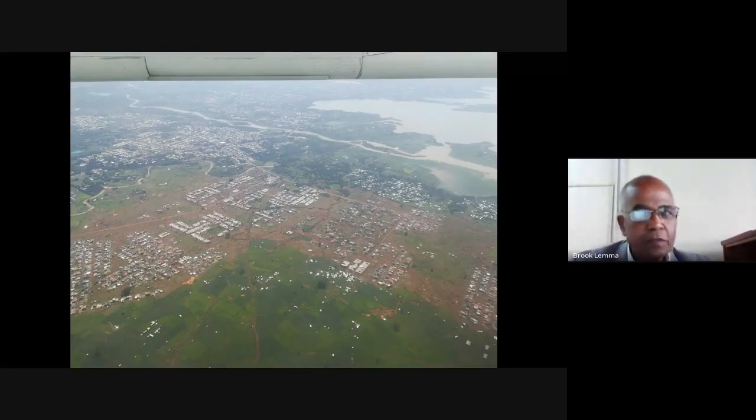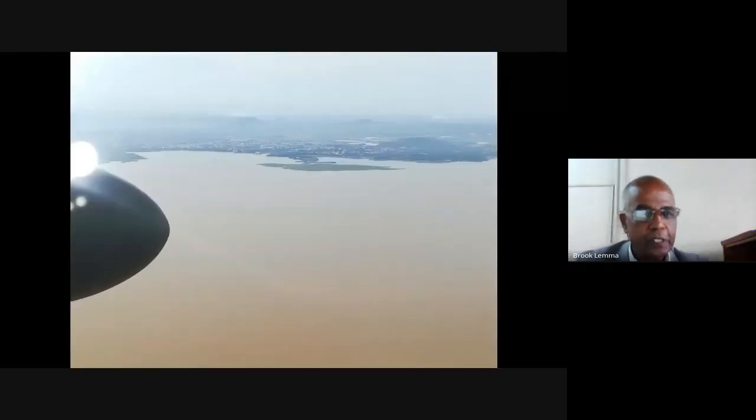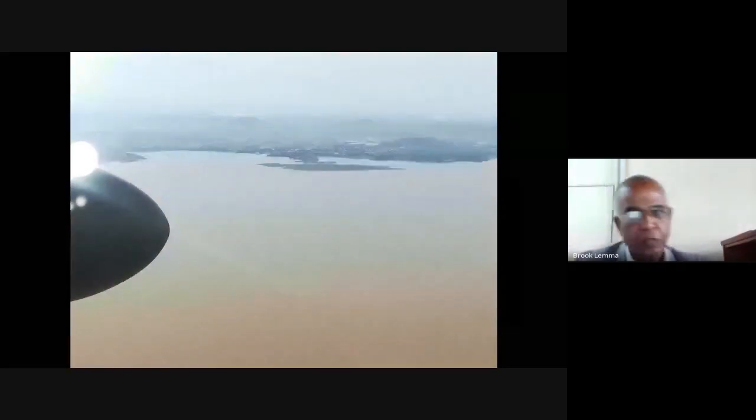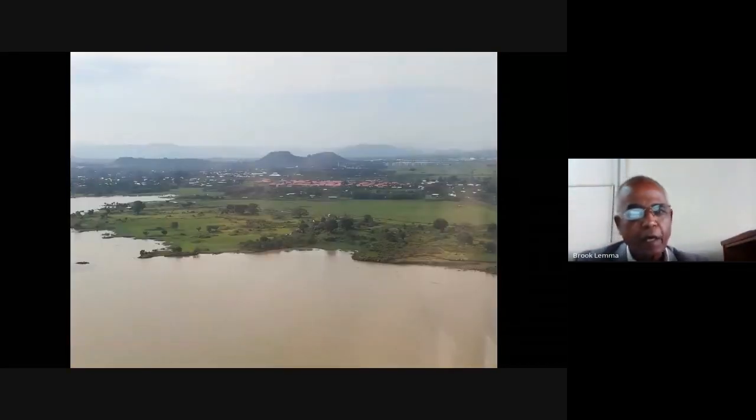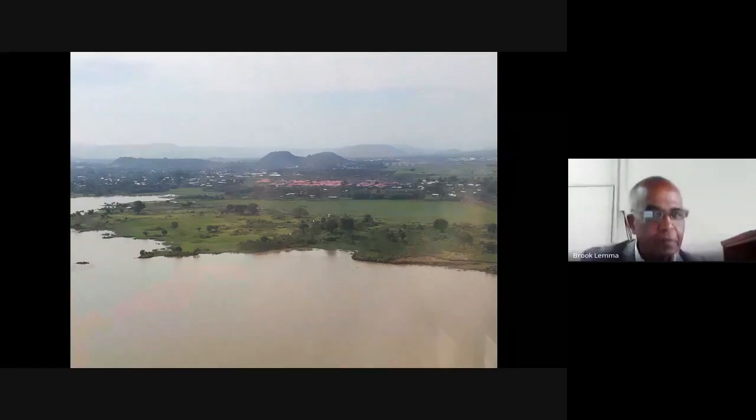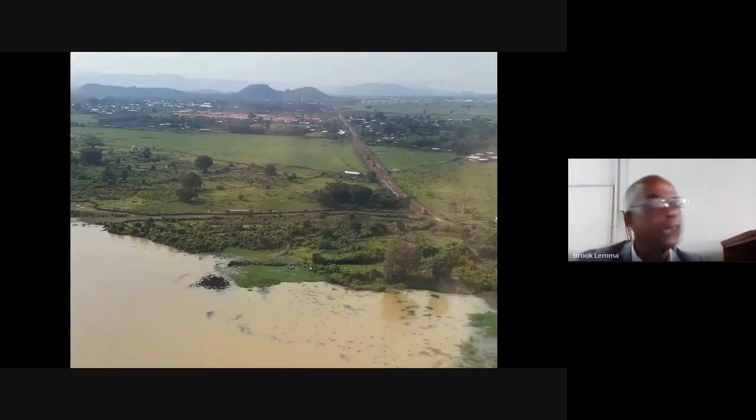It goes on without any buffer system around it. You can see how it extends, and you can also look at the color of the water, which is no different from the rivers that are running at very high speed to come and settle into the Lake Tana system. The settlements again are also increasing, and even new roads are being extended.